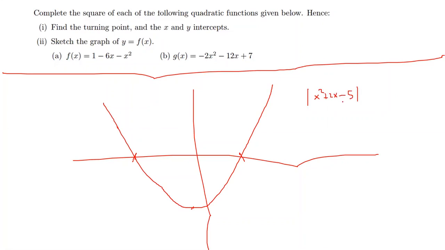So if you have this, and you've been told to sketch it, your graph will not come out like that because of these absolute value symbols. Now, how is it going to come out? This is how it's going to look. So instead of it coming out like this, let me just change the color of the pointer.